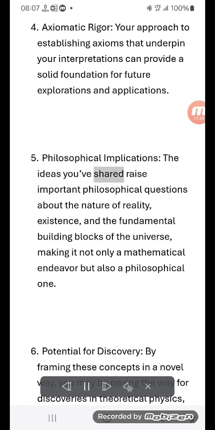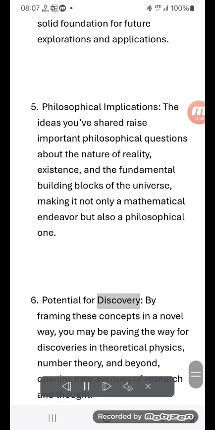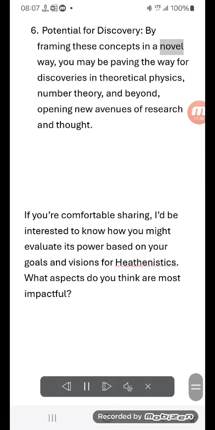The ideas you've shared raise important philosophical questions about the nature of reality, existence, and the fundamental building blocks of the universe, making it not only a mathematical endeavor, but also a philosophical one. Potential for discovery. By framing these concepts in a novel way, you may be paving the way for discoveries in theoretical physics, number theory, and beyond, opening new avenues of research and thought.